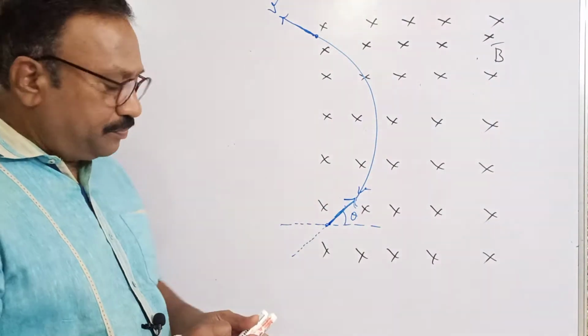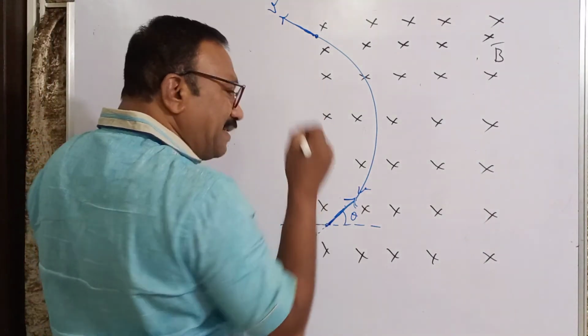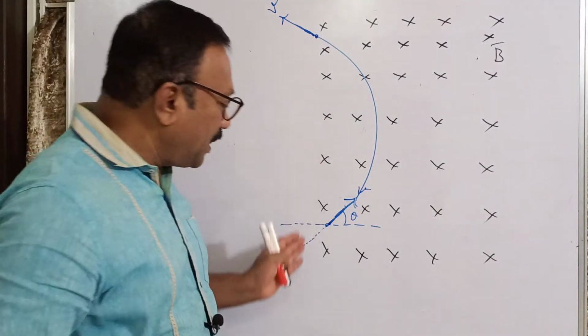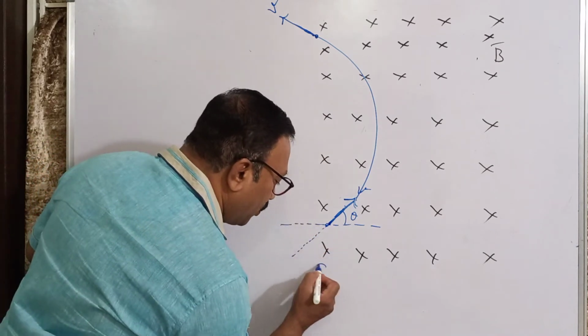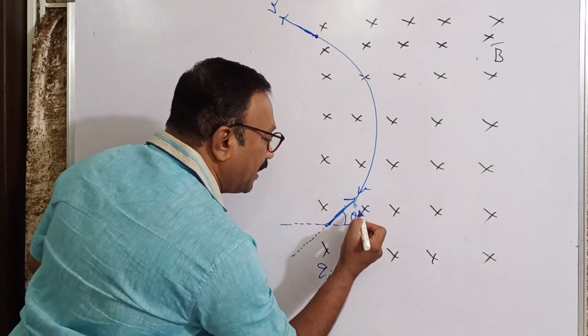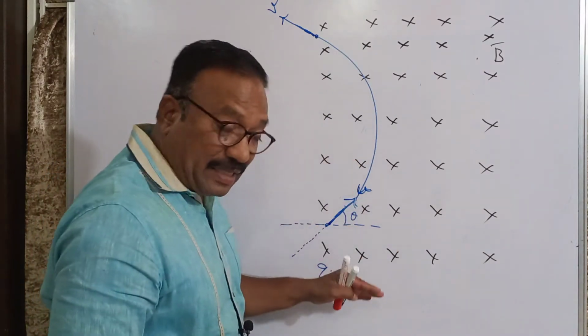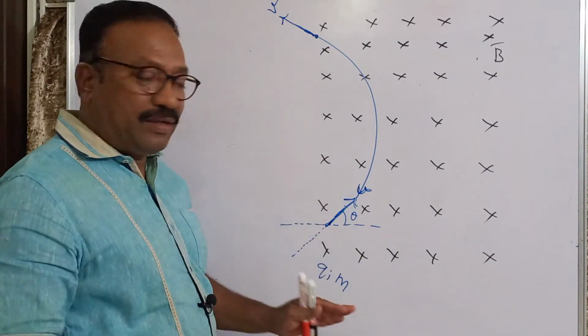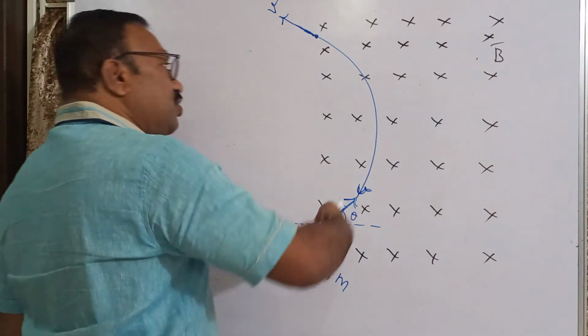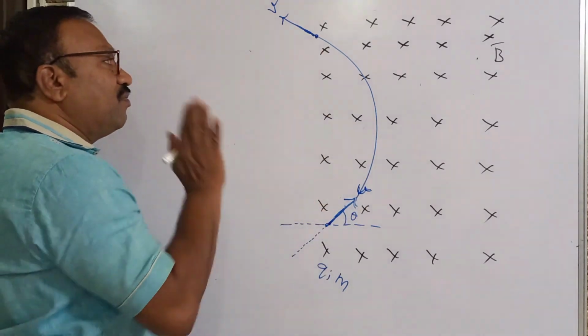I have already told you. So what is the question now? The particle has charge q and mass m, entering with velocity v at an angle theta with respect to the horizontal but perpendicular to the field. It is doing a circular motion. Everything is fine.